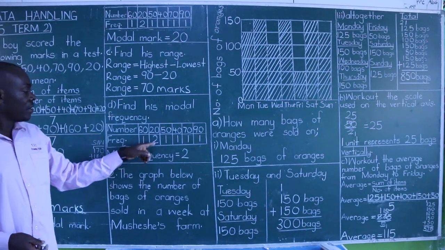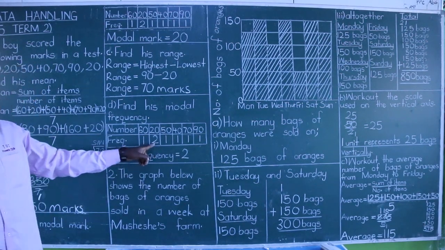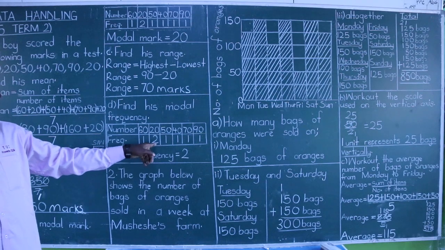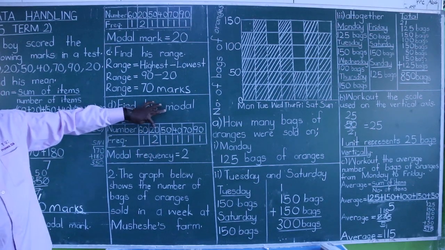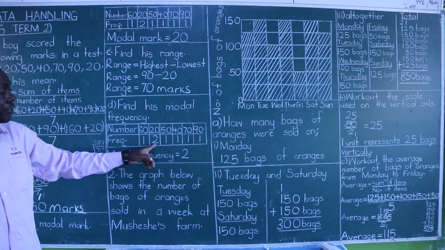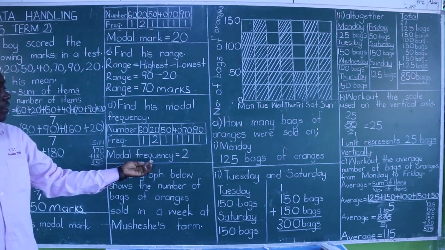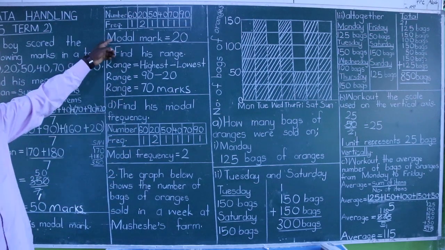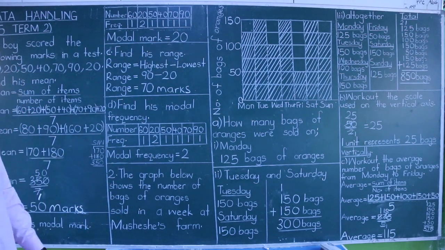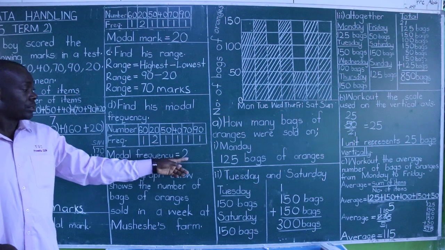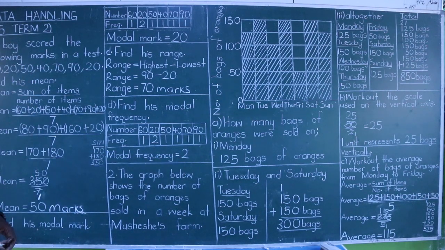Then the frequency of the mode is 2, because the mode is 20. So the modal frequency is 2, whereas the modal mark was 20. So be careful. That is the answer to that.